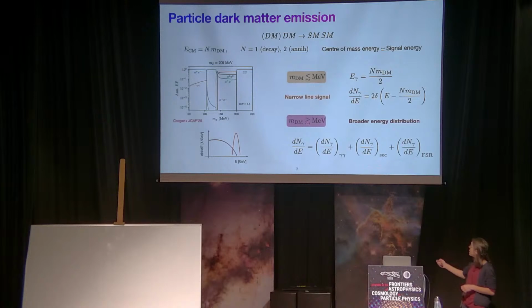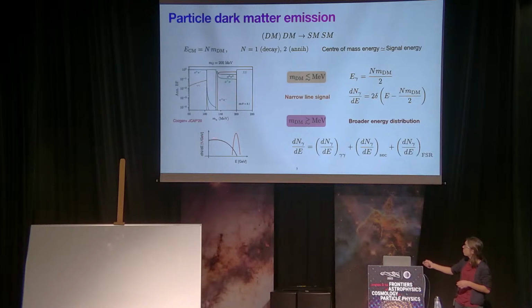So today what we will see is how we can look for dark matter signals that are broader in energy. This occurs when you start to open up other channels for annihilation or decay. The mass of the dark matter particle should be larger than the threshold for production of electron positrons, at least, and you have a broader energy spectrum.